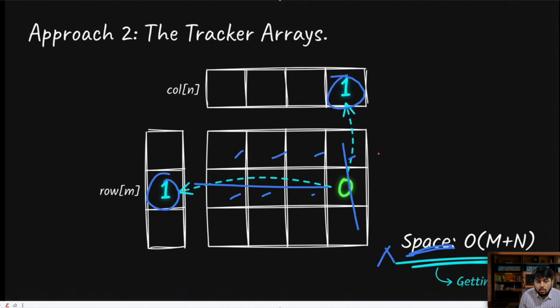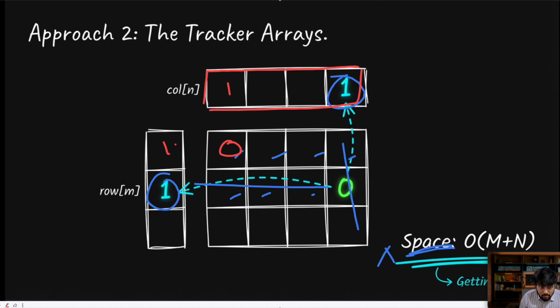So what we can do is create separate arrays for keeping track of columns as well as rows, and for each of them we identify whether we got a 0 over here, then it should be marked as 1.